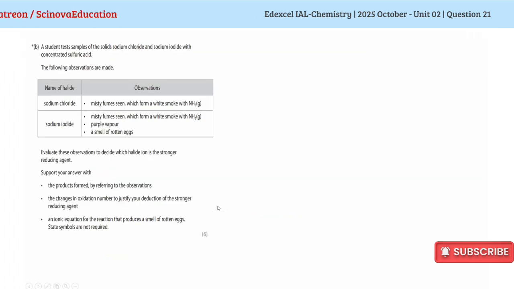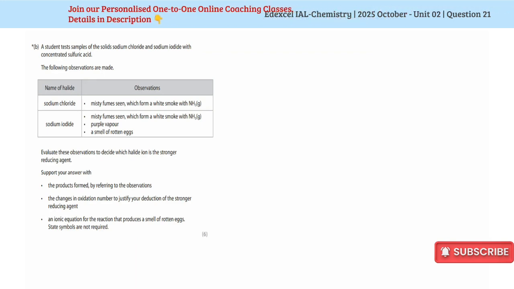In both the compounds, with both the halides, when sulfuric acid is added, one common observation is there, that is misty fumes and white smoke. Both the compounds are showing this observation, white smoke with ammonia.